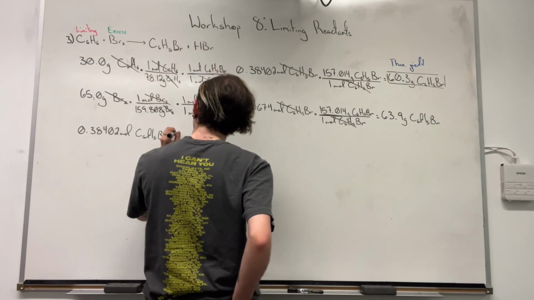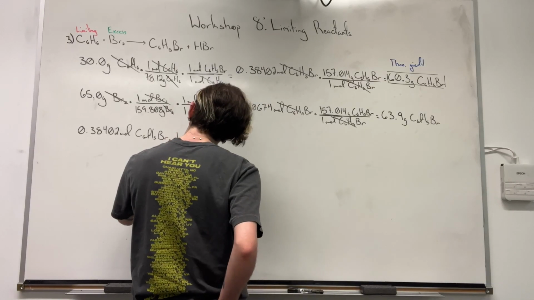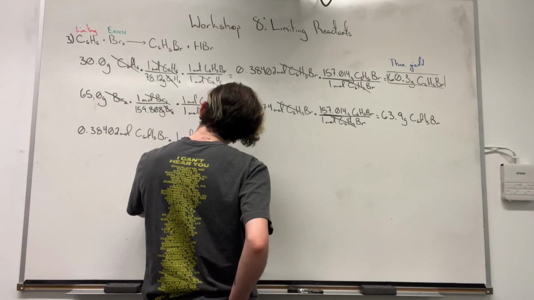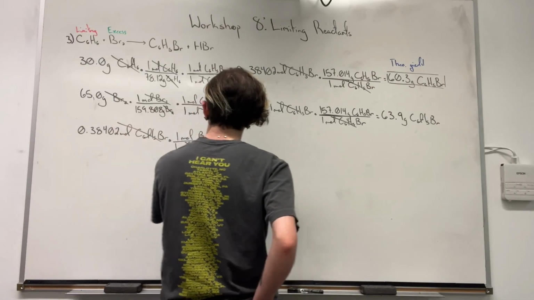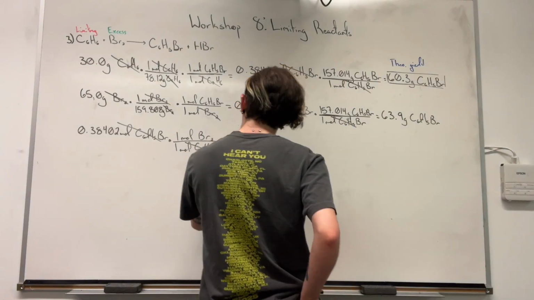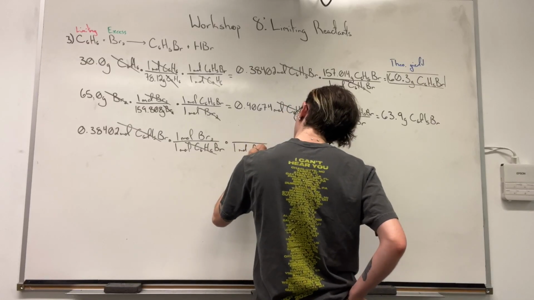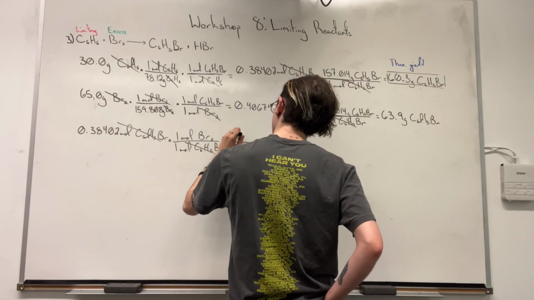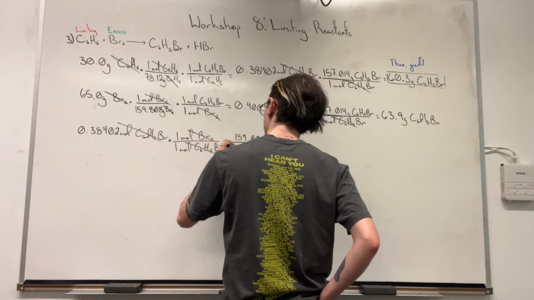It is a 1-to-1 ratio, so 1 mole of bromine is needed to produce 1 mole of bromobenzene. And 1 mole of bromine is 159.808 grams.